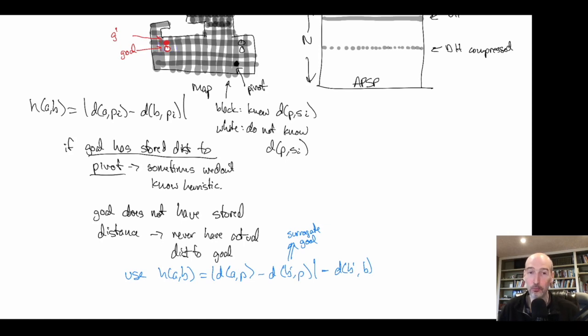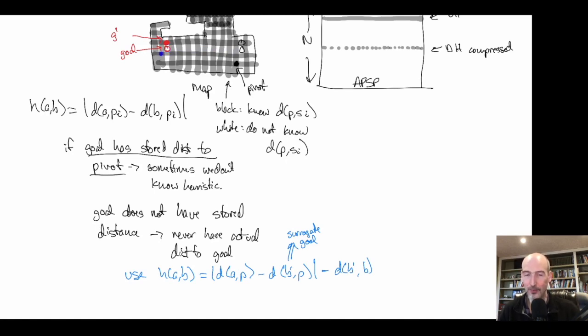If you use multiple ones, then you might be able to offset the loss that you get. So if I think about going this direction, then computing the distance to here is going to be very accurate. If I'm searching from over here, then using a surrogate that is over here, I get a heuristic that is 1 too far to this state, and then I subtract 1, and I still get the same heuristic value that I had before.